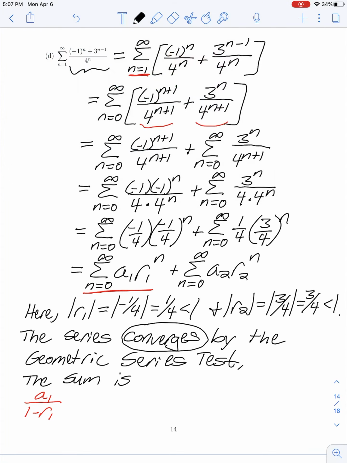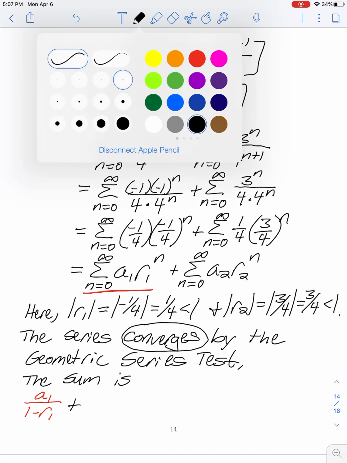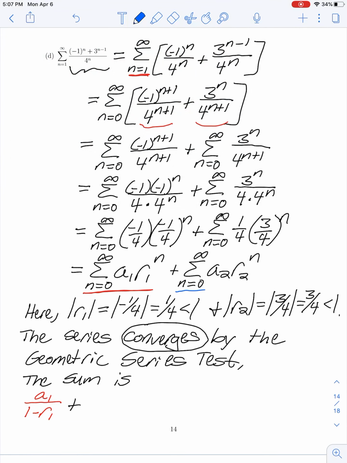And then we are adding the sum of our second series, which would be given by a2 over 1 minus r2. So let's see what we get. For our first series, a1 was -1/4. Then we've got division by 1 minus r1.